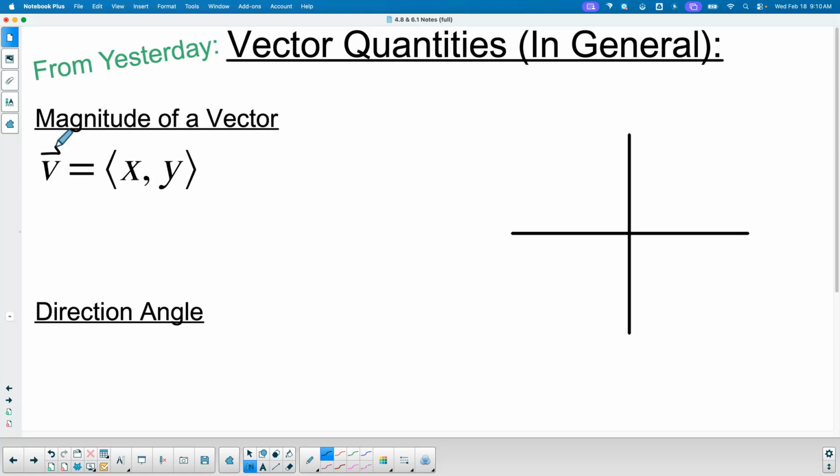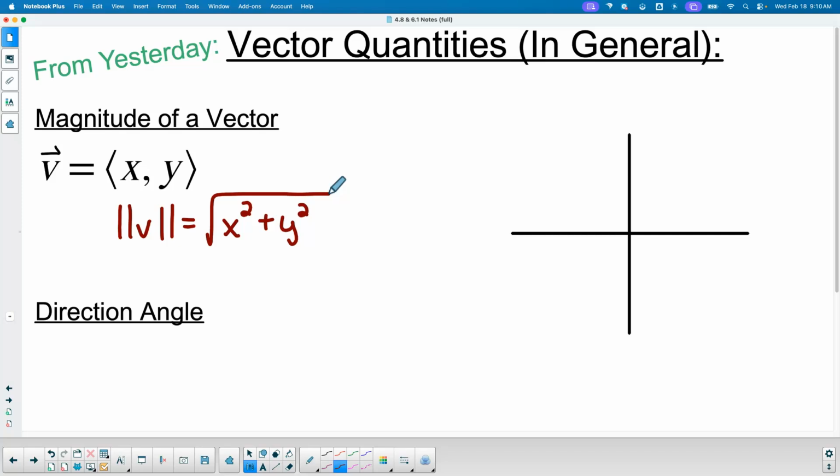And then we talked about the magnitude of that vector, and the magnitude of v then would be x squared plus y squared, and then we take the square root of that sum. So we square the horizontal component, square the vertical component, add those two numbers together, and take the square root. That gets us the magnitude of the vector, which is also the length of that vector.